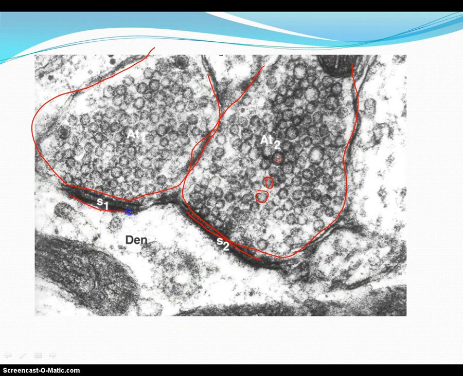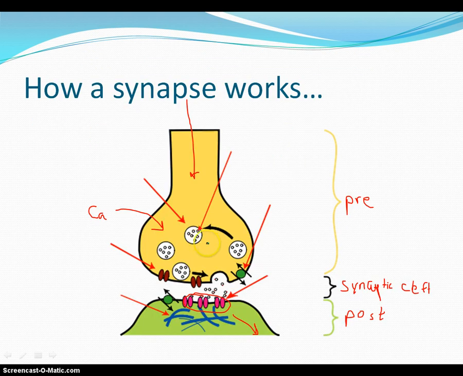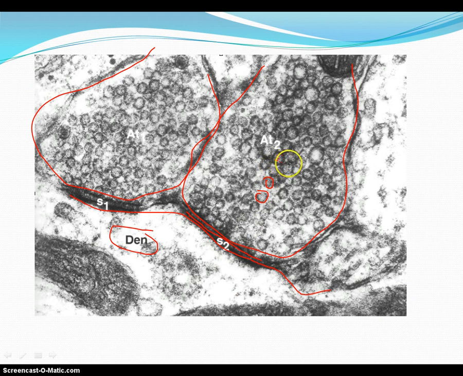And then you can see the outline of the next dendrite, which is abbreviated DEN over here. You can see right off the bat it's a more complicated image than this one right here. You have tons more vesicles than in a computer animated diagram like this. One thing that sometimes gets confusing is the number of things going on at once.